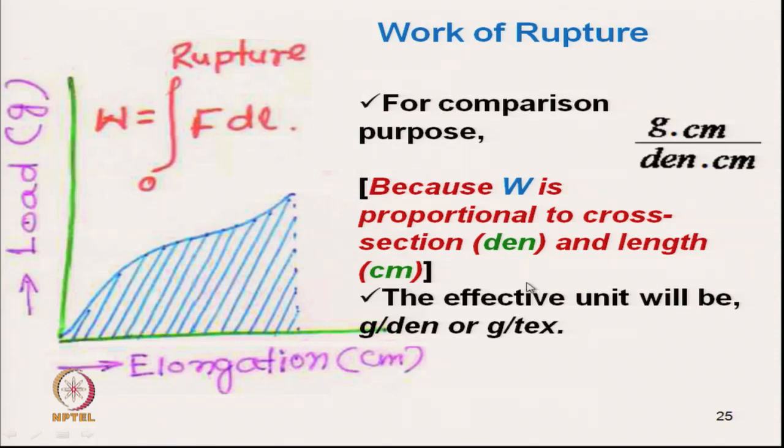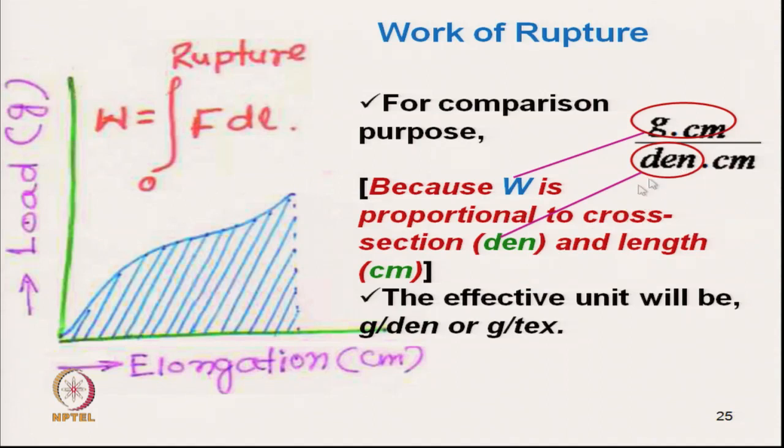But for practical purposes, for comparison purposes, what we do: this is the work, okay, because W is proportional to the cross section, okay, denier.